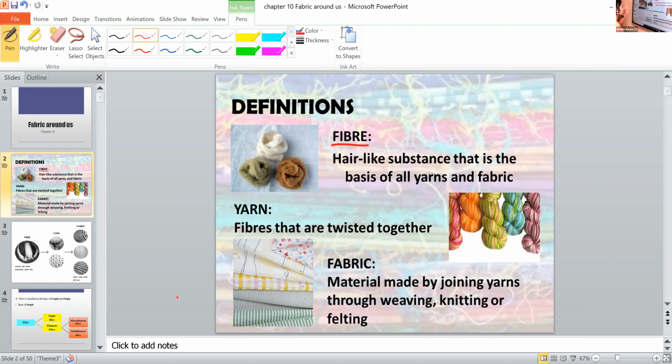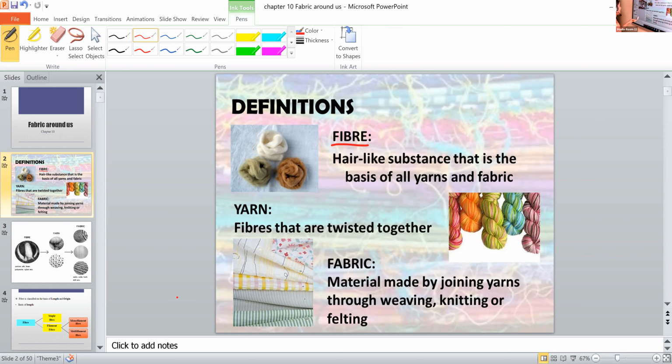It is the smallest unit of cloth construction. Just write down the definition. Fiber is a hair-like substance, the very smallest unit of a fabric. So the fabric is made from the fiber. From the fiber, we make the fabrics or the clothes. This is a fiber, or a thread.